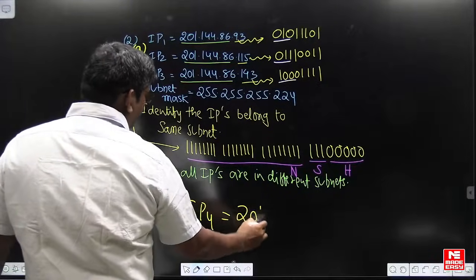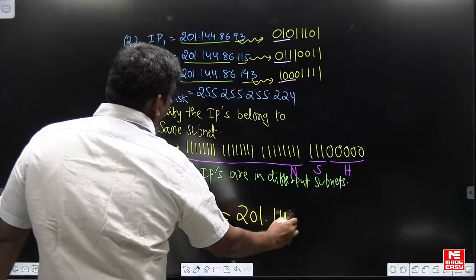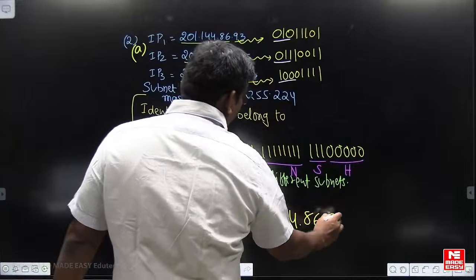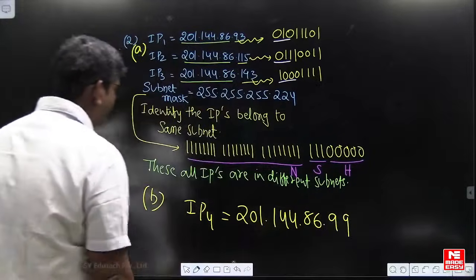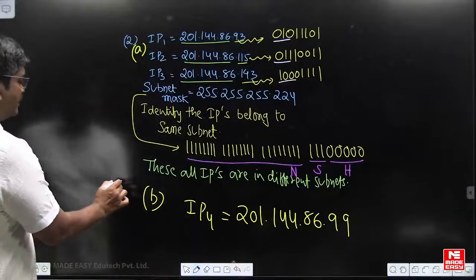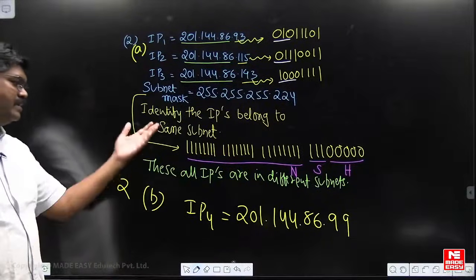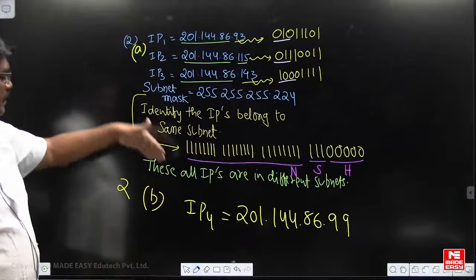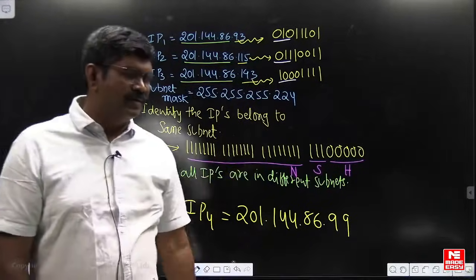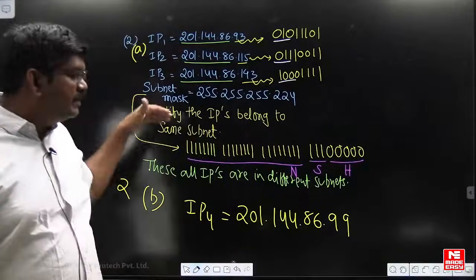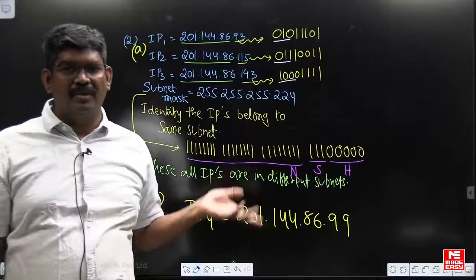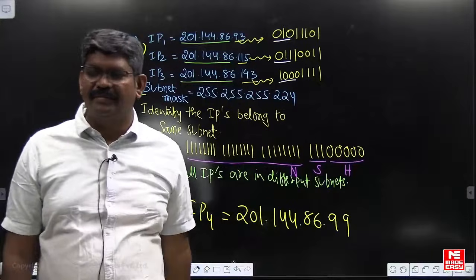So now you tell me the answer: 201.144.86.99, if I have given. So please tell me the second question B bit answer. Again the same question I am asking: whether IP1, IP2, IP3, IP4 belong to the same subnet, or IP1, IP3 belong to the same subnet, or IP1, IP2 belong to the same subnet. This is the question I am asking. So please try it.